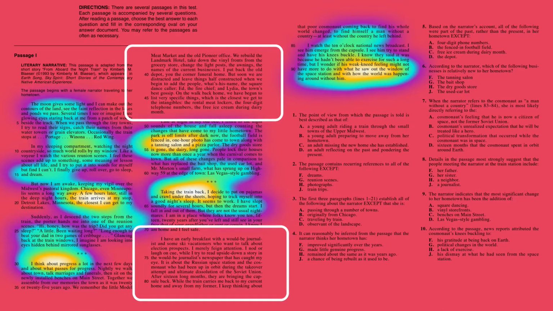But we also have some paragraphs here where there's almost literally no information that we need to worry about, and that's going to be a theme that we see through a lot of these. For now, here is the strategy I'm going to give you. When you're reading through these passages, you want to move quickly.